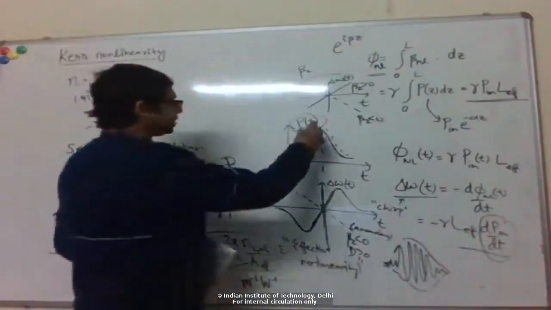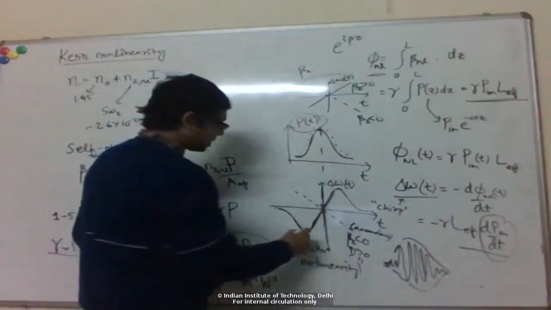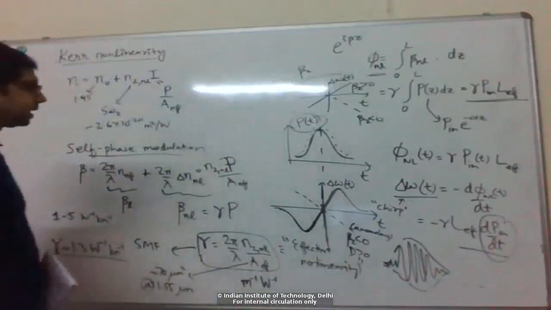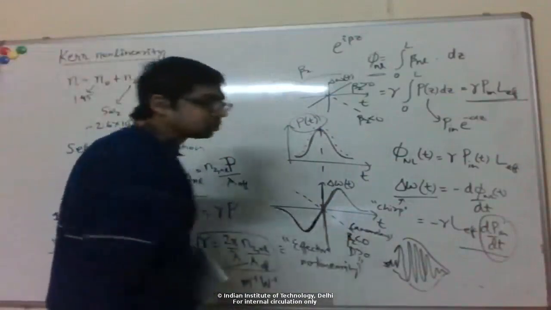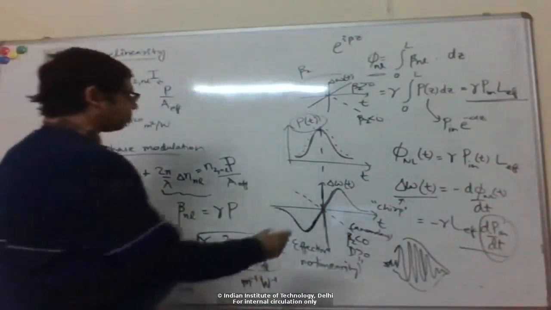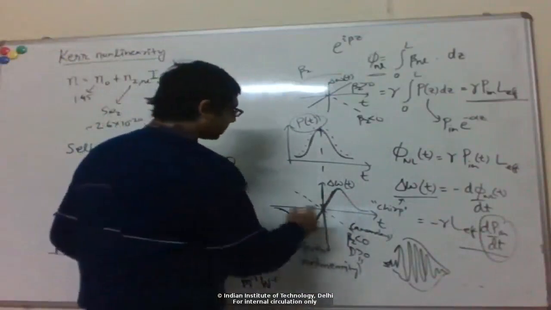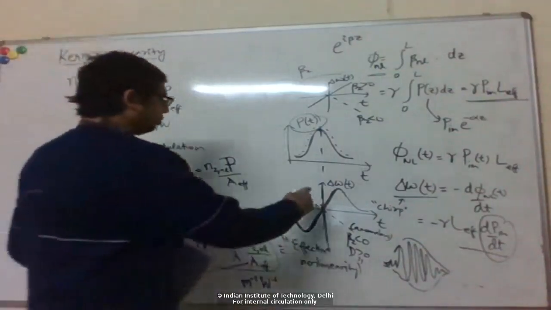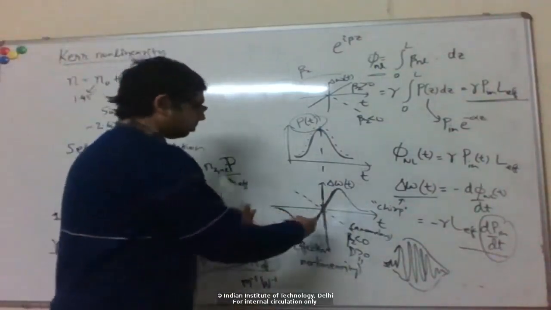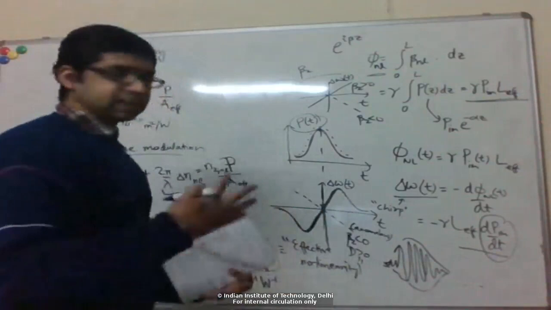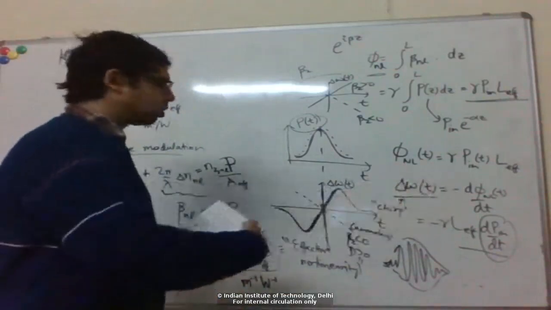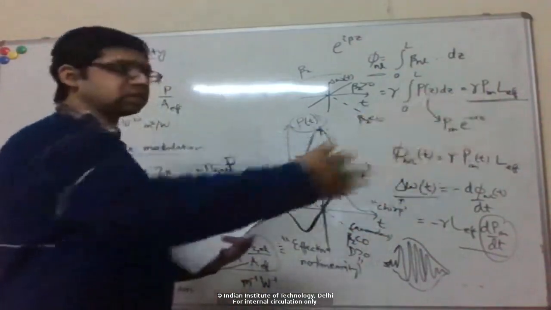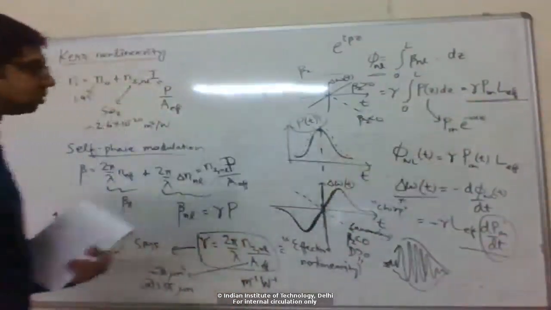So if the power is just right, this slope can be exactly equal to this slope. This slope is constant, just given by the fiber GVD, and we can make them cancel each other exactly. So when you do that, because of this interplay of dispersion and nonlinearity, effectively there is no chirp added, the total chirp is 0, and the pulse propagates without any change.